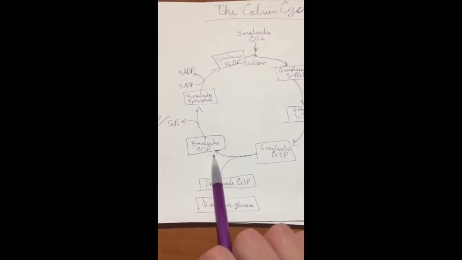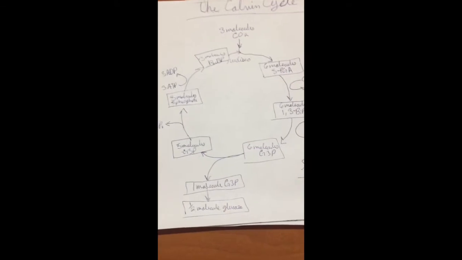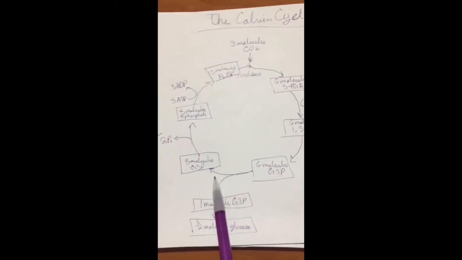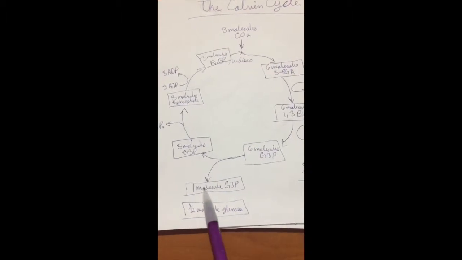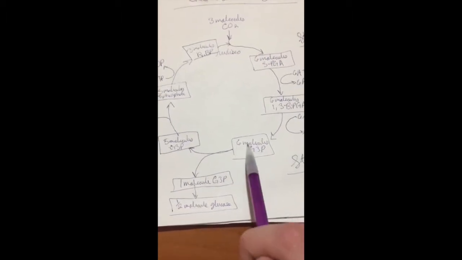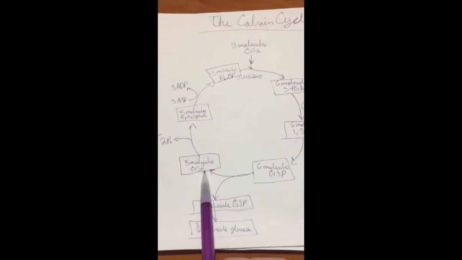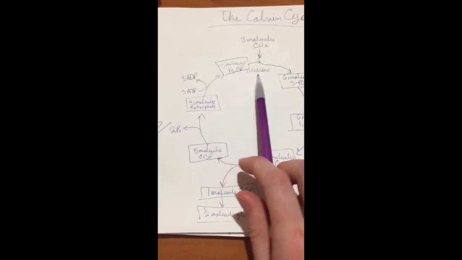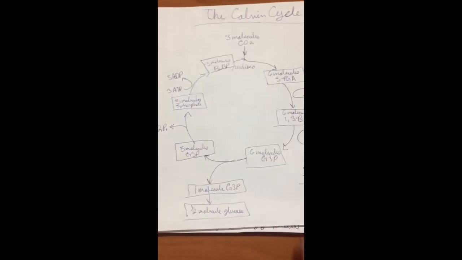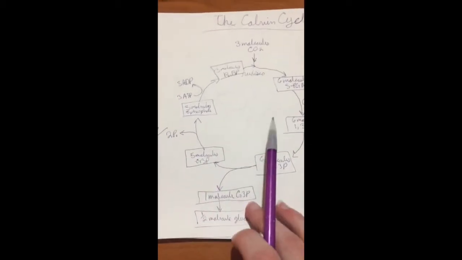Then moving on over here, the regeneration stage, some of the G3P molecules will go down to make the glucose, but then some of them have to be recycled in order to regenerate this receptor up here, the Rubisco, so we can start the cycle back over again.